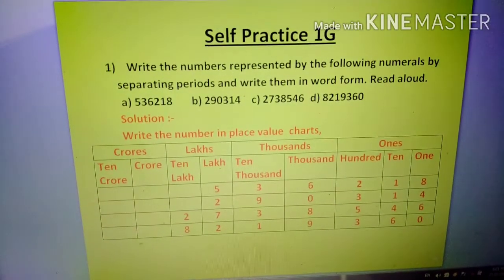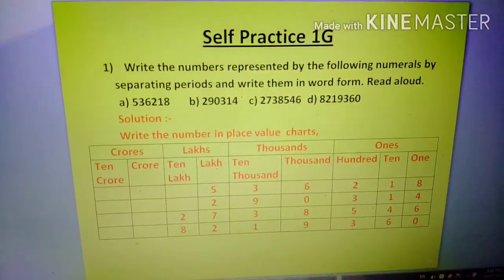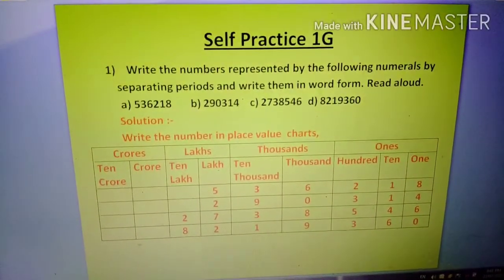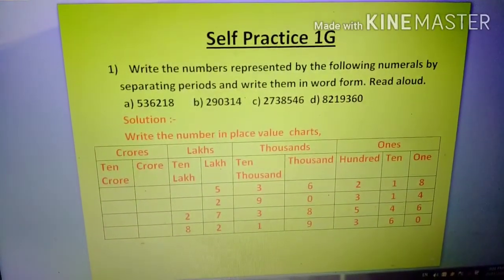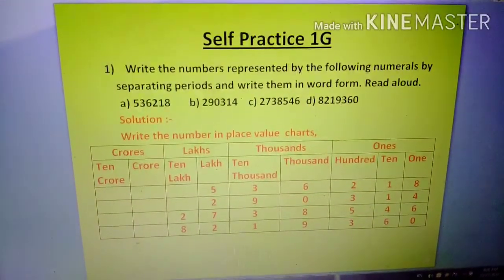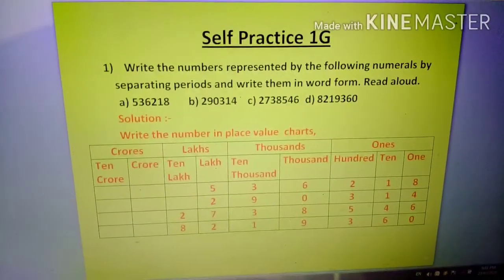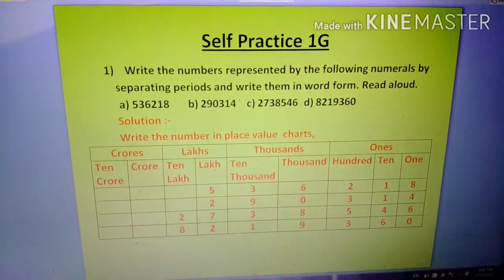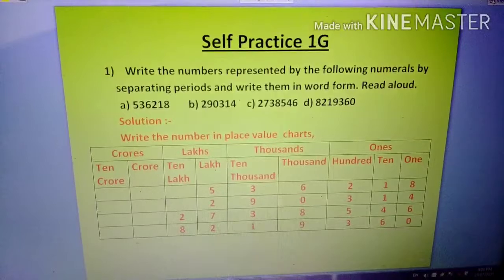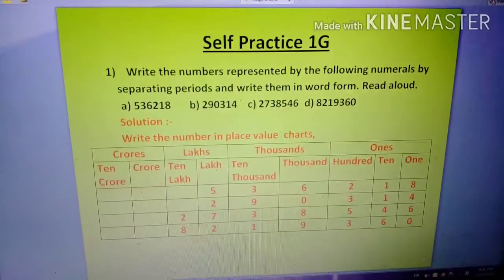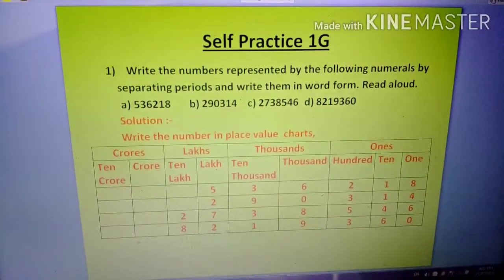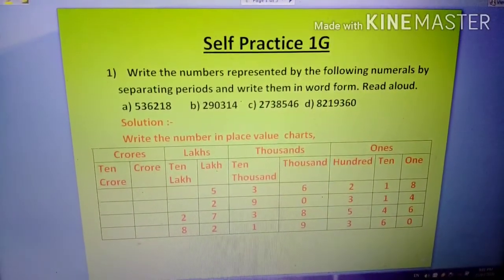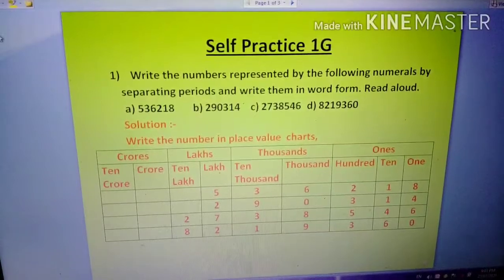After that we see self practice. Now student, today we see self practice, Exercise 1G. We read question 1. Write the numbers represented by the following numerals by separating periods and write them in word form.